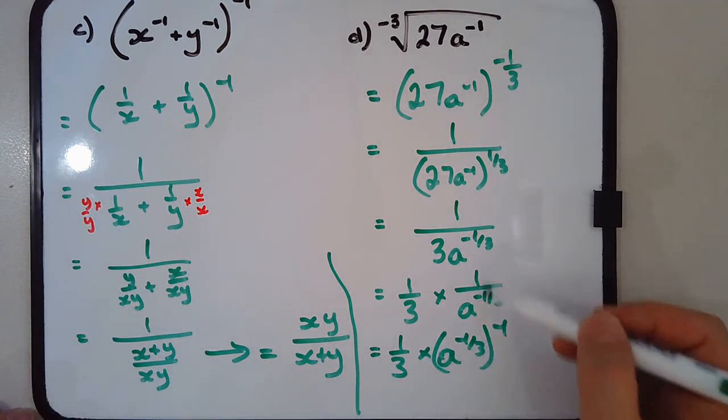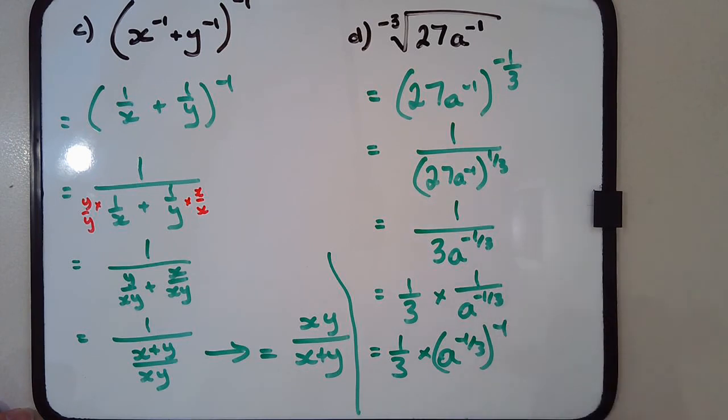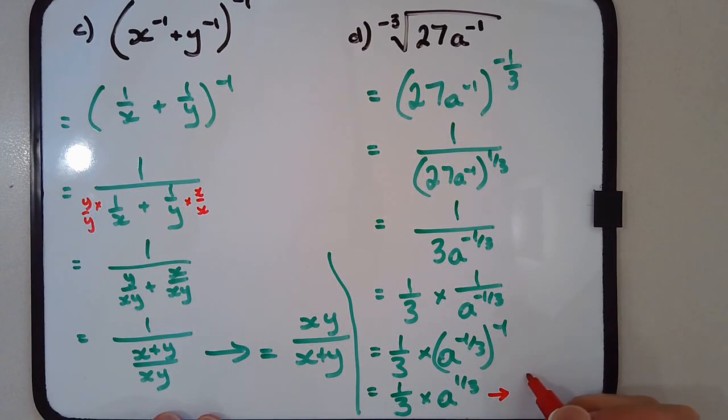Okay, so this 1 over is represented by a power of -1. Okay, so that's 1 over 3 multiplied by a to the 1/3. I might just do the answer here in a different color. And we can express this in a fraction. So this is really the cube root of a over 3.